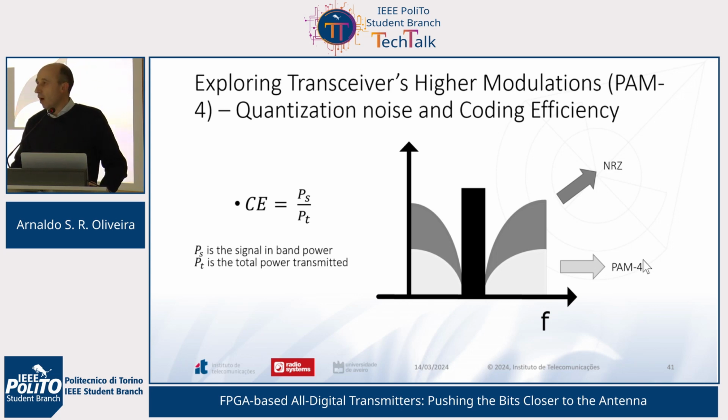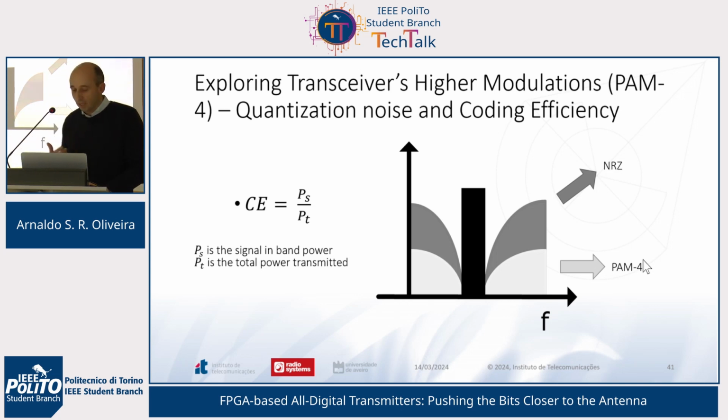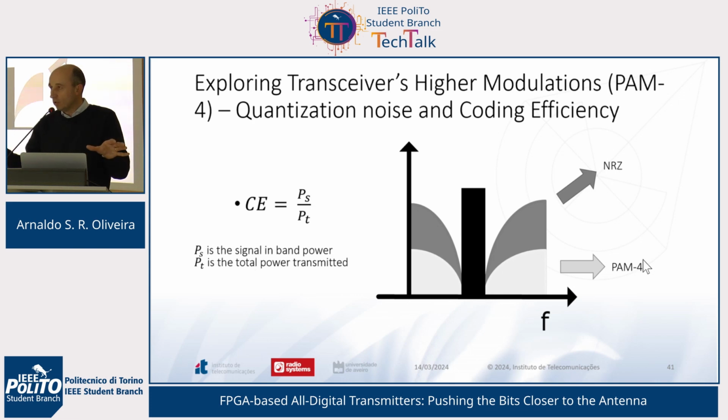From our perspective, using a PAM4 transceiver instead of a non-return to zero one will lead directly to an improvement in the coding efficiency. So the quantization noise will lower, which means that the out-of-band power will lower, which means that the ratio between the power of the signal and the total power will improve.